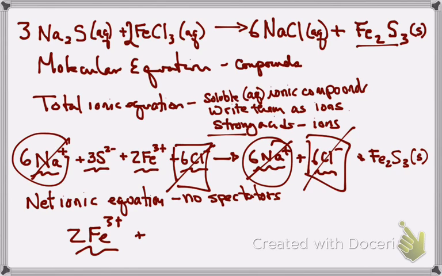Plus 3S2- makes Fe2S3 solid. And that's what happened in the solution. All the other stuff was just floating in there. The reason it's there is that they came to the party and brought the iron and the sulfide, and the iron and sulfide had the party.